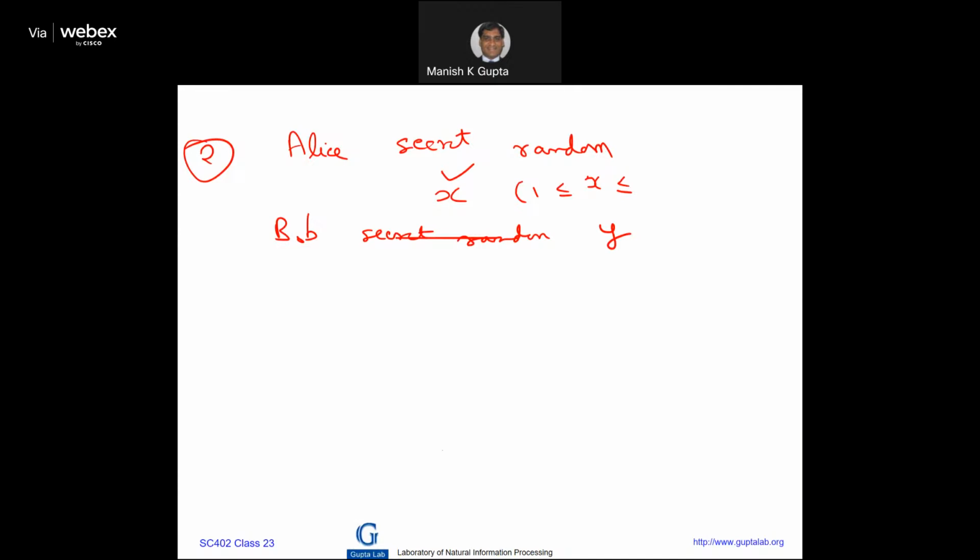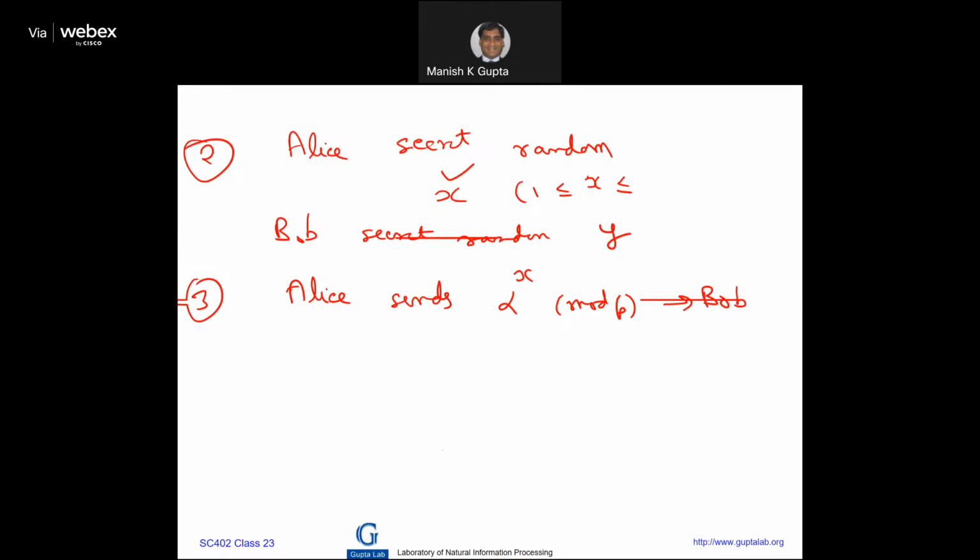Alice selects X and Bob selects Y. Then step 3, Alice sends alpha raised to X mod P to Bob. Okay. X is selected by Alice, Y is selected by Bob randomly, right?